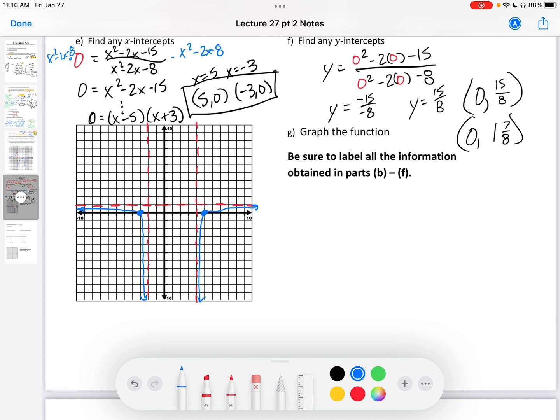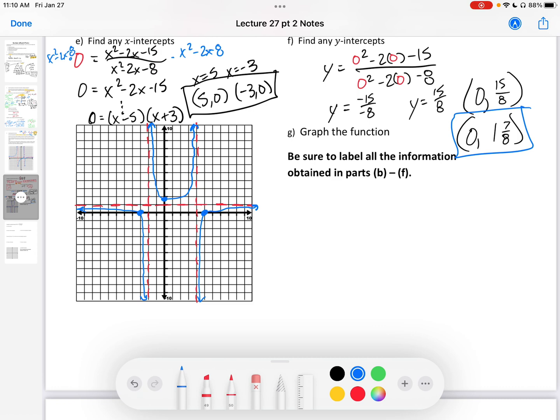I have my point (0, 1 and 7 eighths), right about there. Is my parabola in the top or the bottom? It's in the top, because that's where my y-intercept is. And there we go, you guys have graphed your rational function.